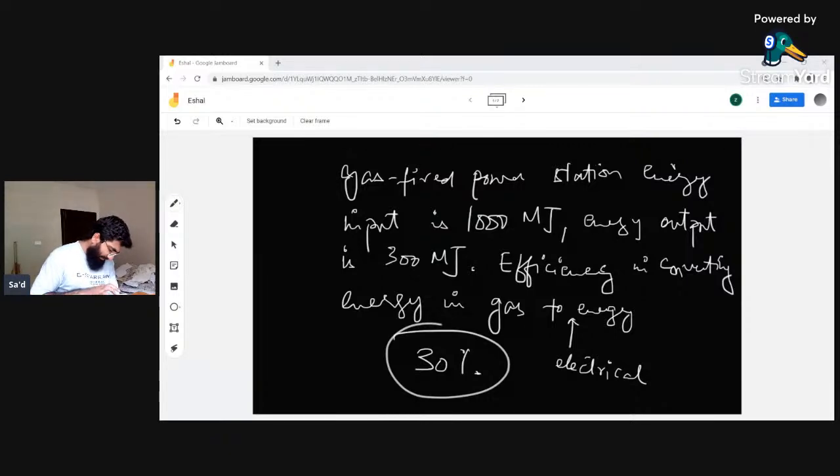And just when this object hits the ground, okay, so what happens over here: at this point it has just PE, at this point it has PE plus KE, and just when it hits the ground, it will have just kinetic energy. It would have lost all its potential energy, which would have converted into kinetic energy.